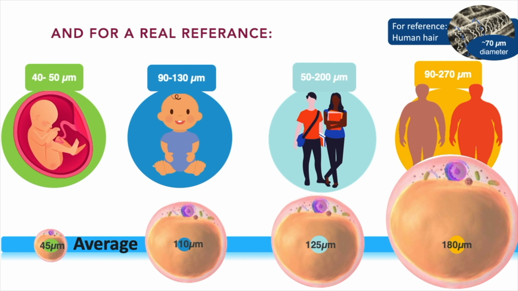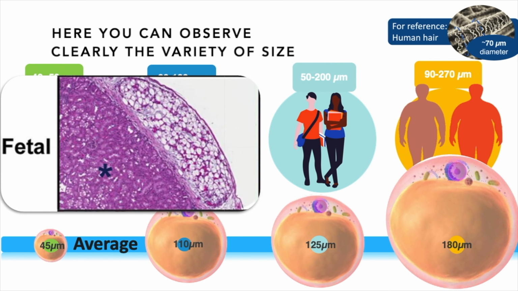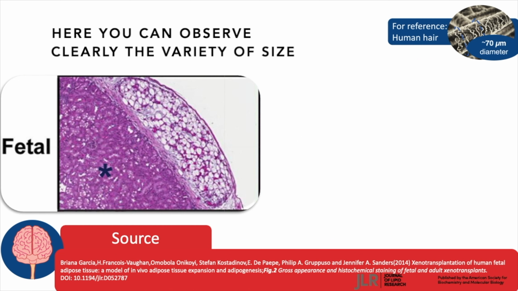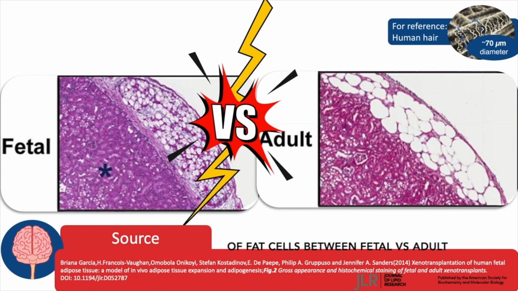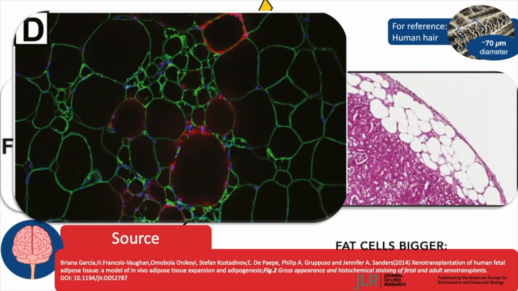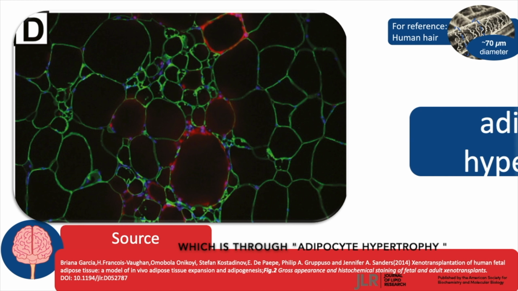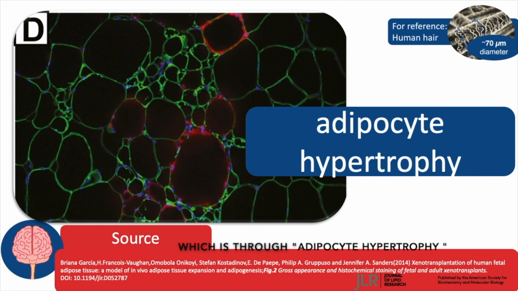And for the real reference, here you can observe clearly the variety of size of fat cells between fetal versus adult. Now, let's talk about how do you actually manage to make your fat cells bigger, which is through adipocyte hypertrophy.